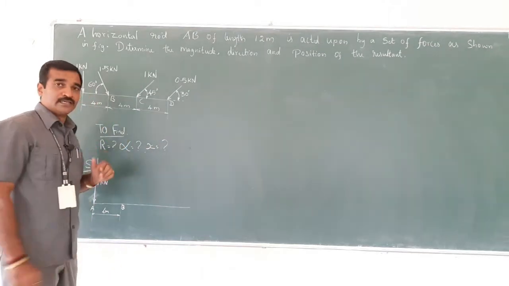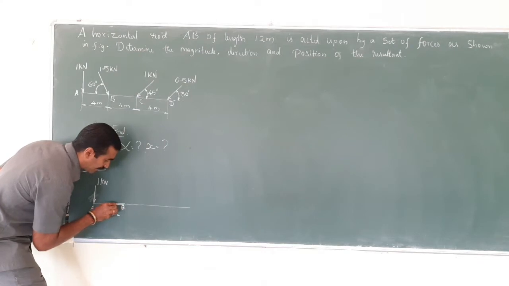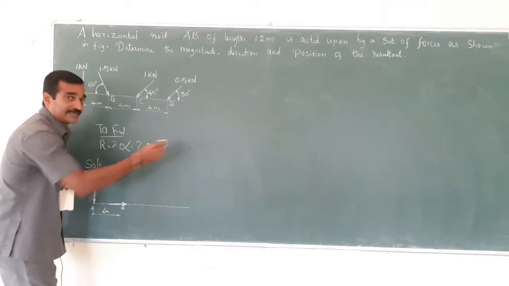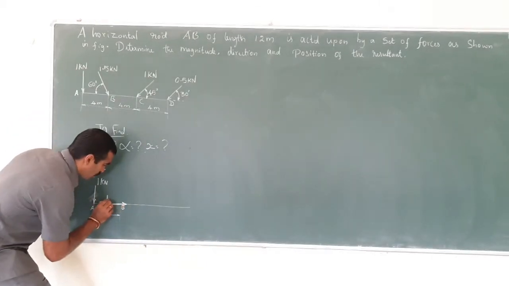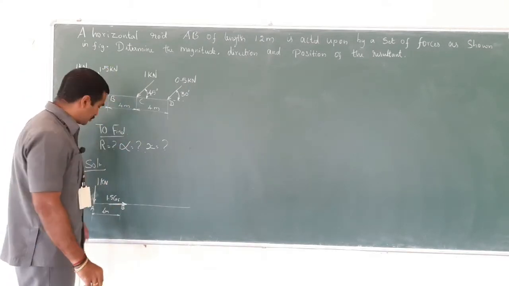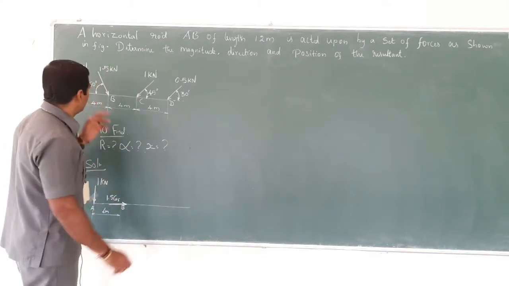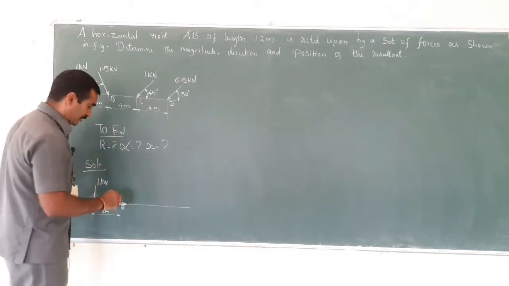Its nearest horizontal can be in this direction, towards right, which can be mentioned as 1.5 cos component. So, 1.5 is nothing but the magnitude of the force, horizontal as cos component and 60, which is the inclination.